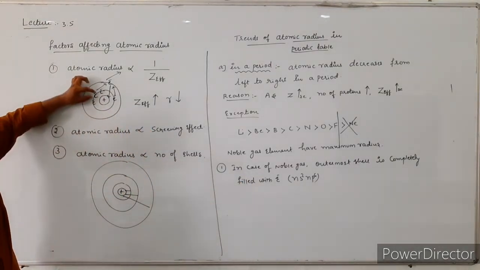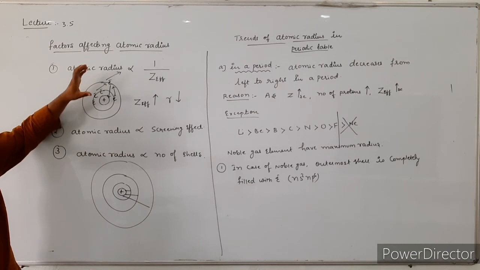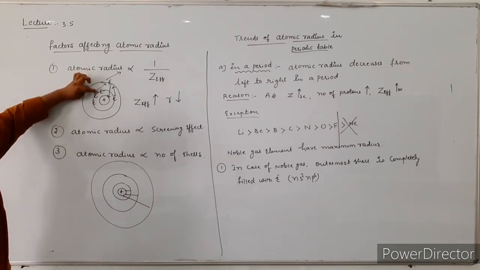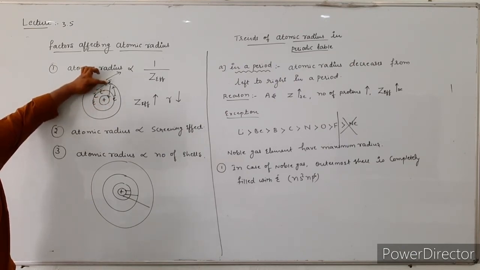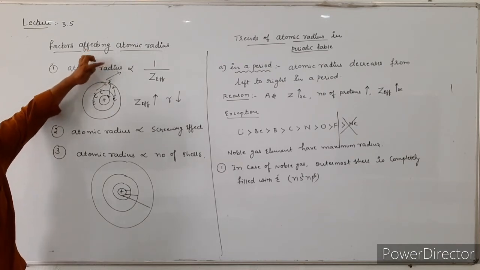Because of interelectronic repulsion, what happens to the size? Increases. Why? These inner shell electrons repel outer electrons. When the outer electrons move away from the nucleus, then what happens? Size increases.